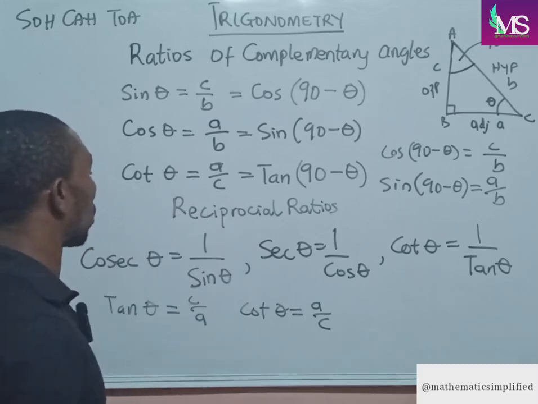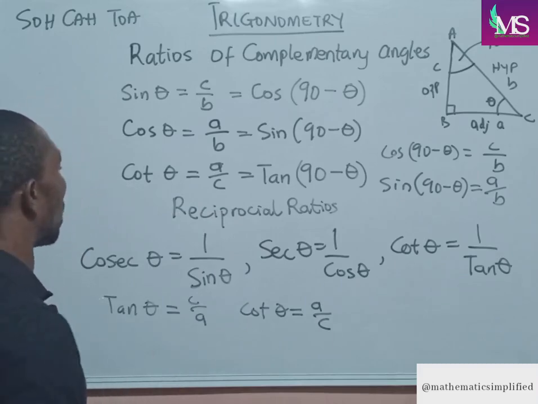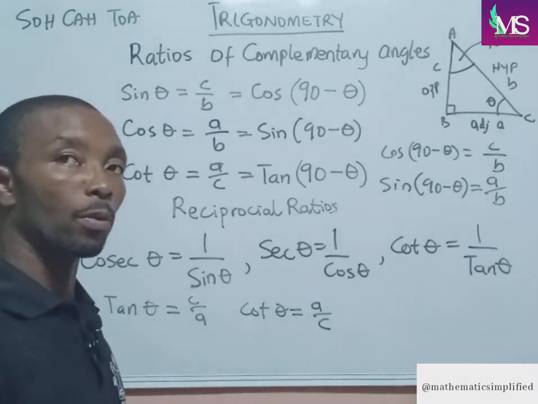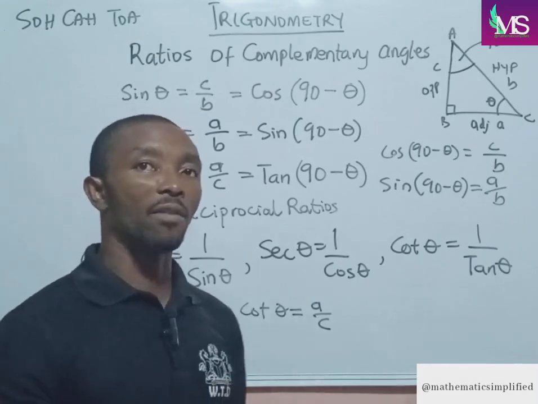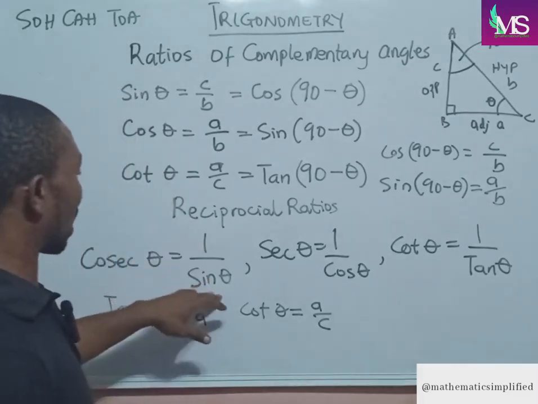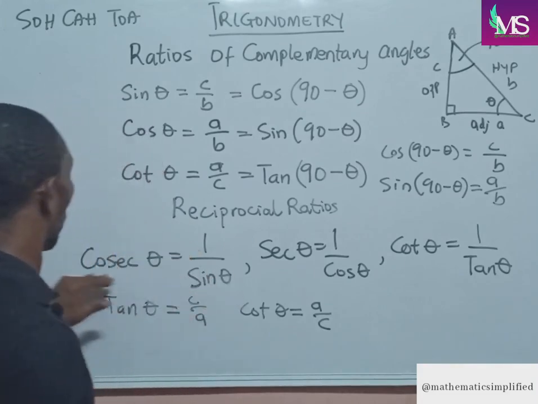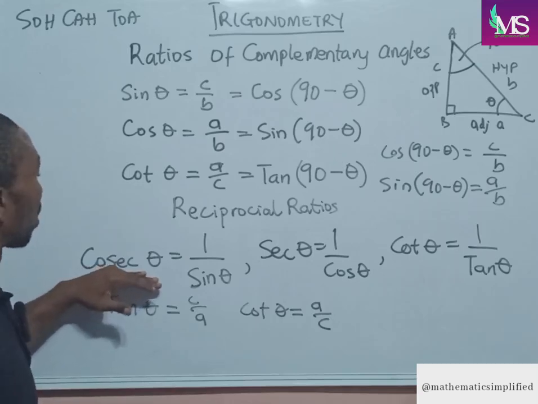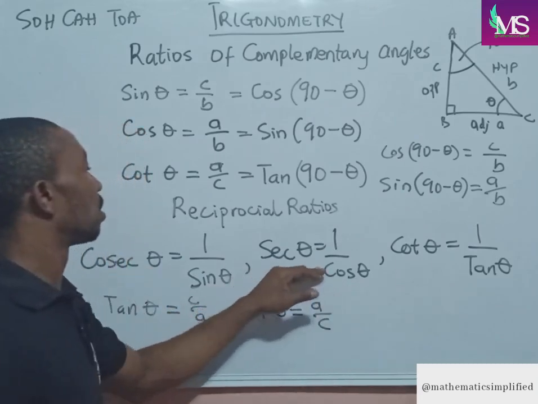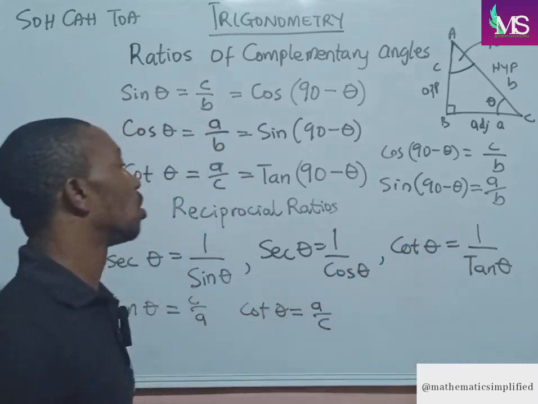Now, talking about reciprocals. Our reciprocal ratios simply mean the inverse of our ratio. So 1 over sine theta is equal to cosec theta. 1 over cos theta equals sec theta, and 1 over tan theta equals cot theta.